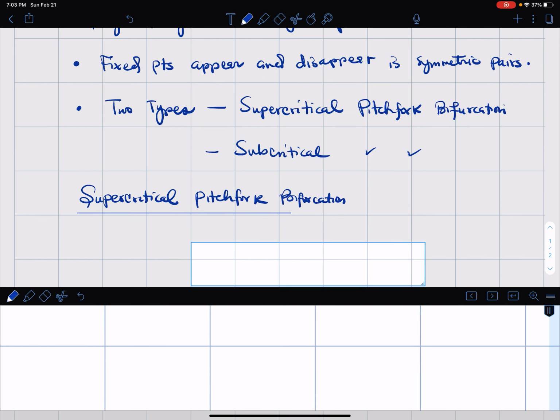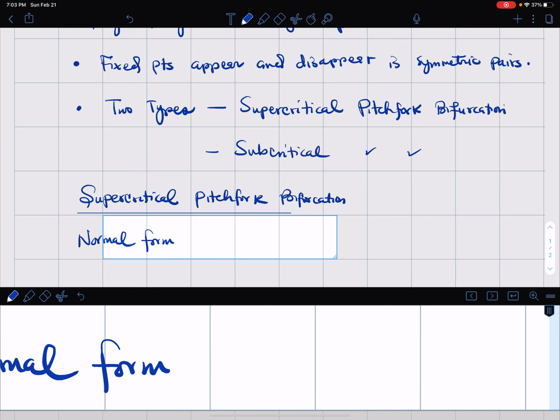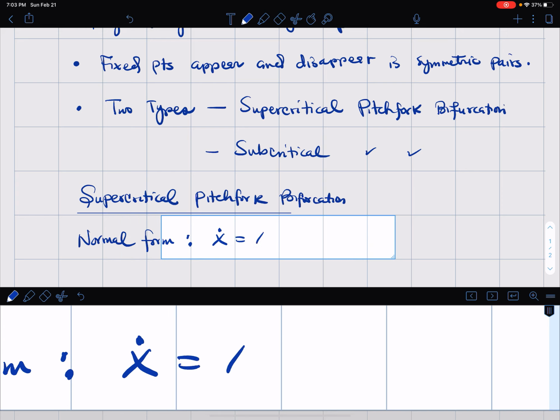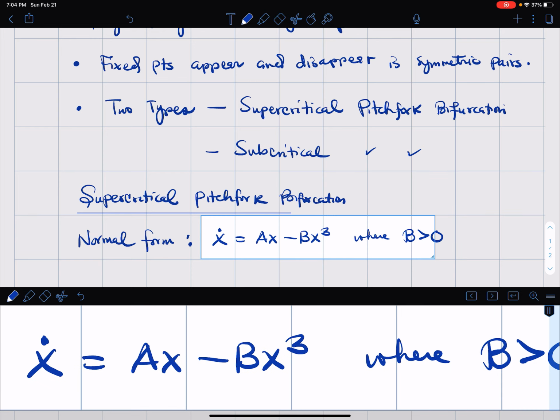For the pitchfork bifurcation, the normal form, which we can think of as the general form, is x dot is equal to ax minus bx cubed, where b is greater than 0. A and b are constants.